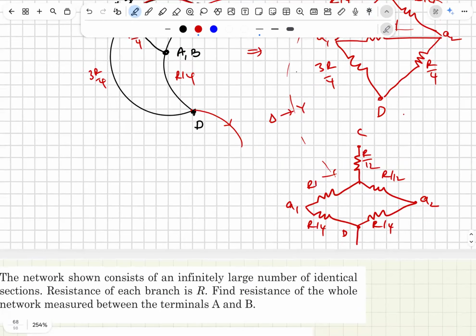R/12, R/12. And now please help me, what is the final? A1 to D, now say R/12.